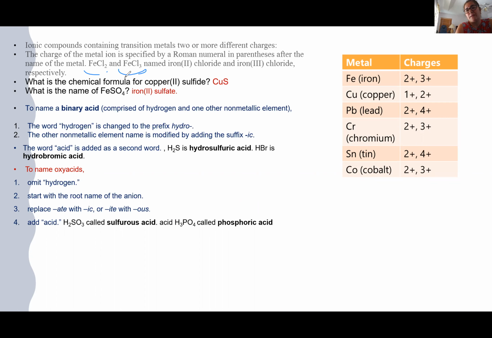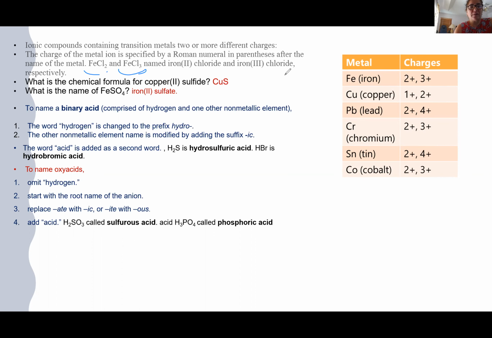But memorizing Fe 2 and 3 plus is not hard, as long as you don't think that iron is 2 and 4, just like lead and tin, because most of them are 2 and 4, and then iron is 2 and 3.